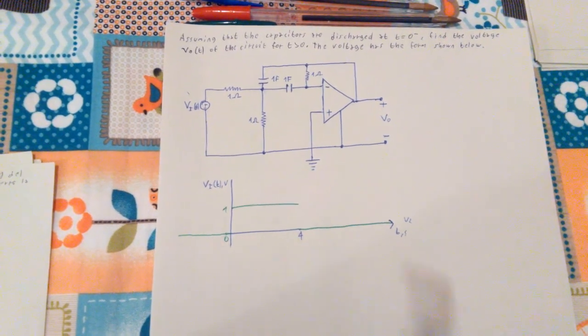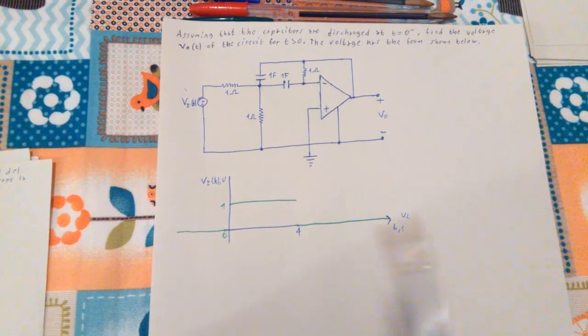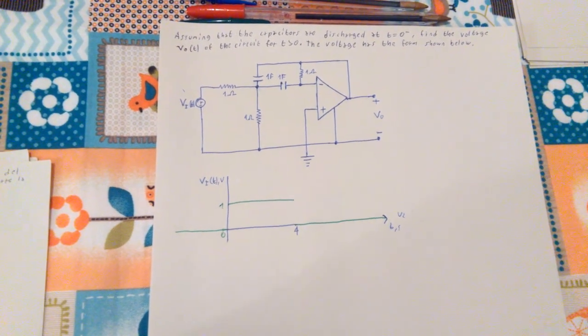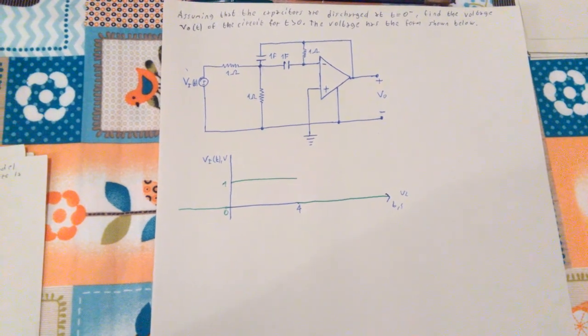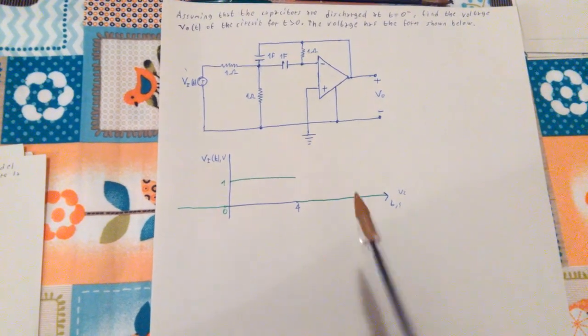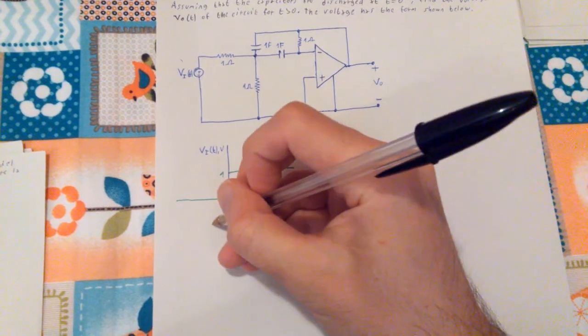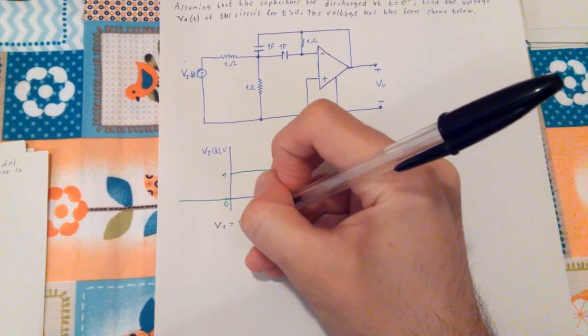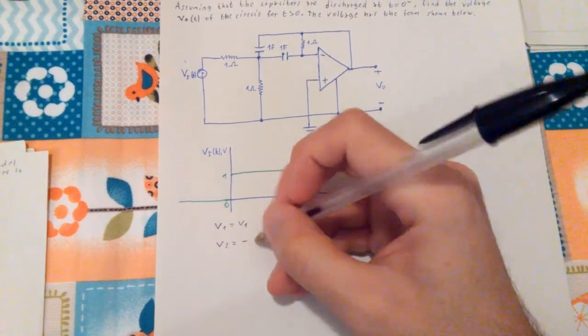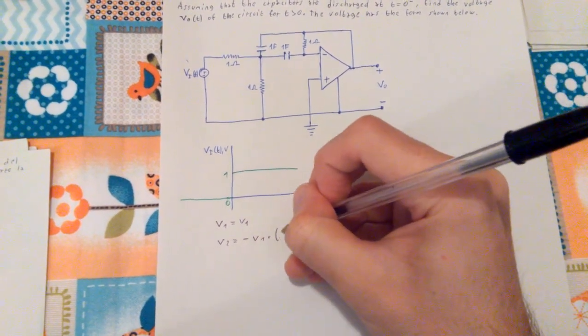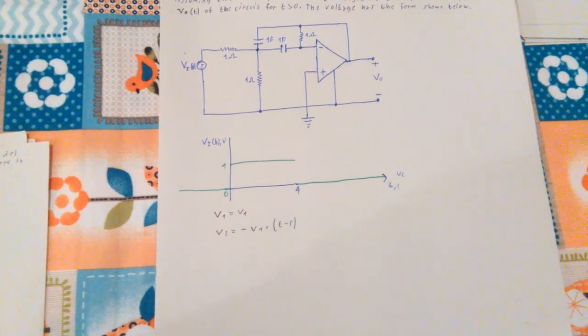So first things first, we can express Vi as u(t) minus u(t minus 4).